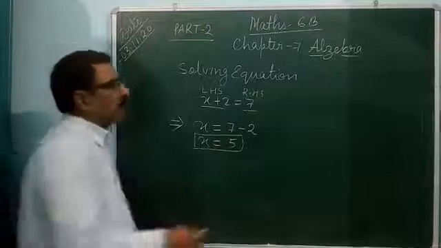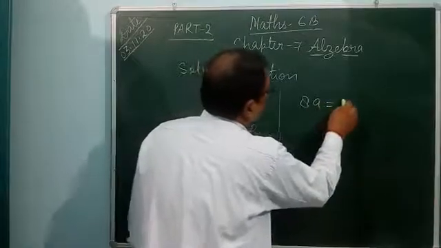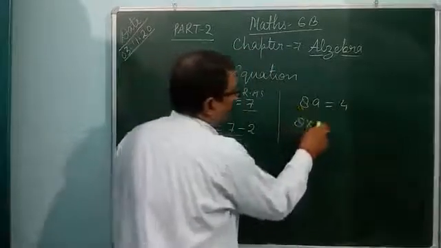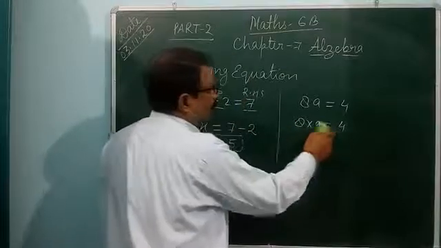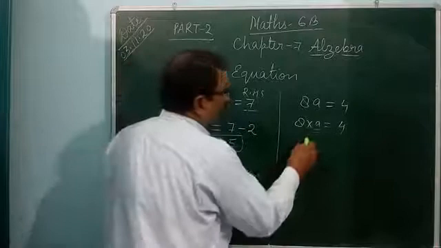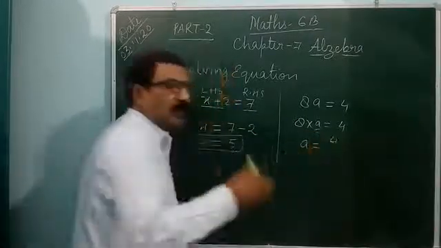Like that. Suppose this is 8a is equal to 4. It means 8a means 8 multiplied by a is equal to 4. Here it is left side, it is right side. But here no symbol of plus or minus. So a is equal to, we find out the value, 4 is given already, so 4 will be numerator.